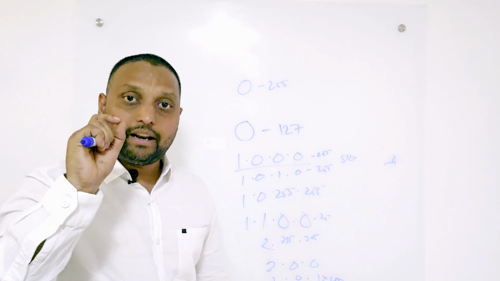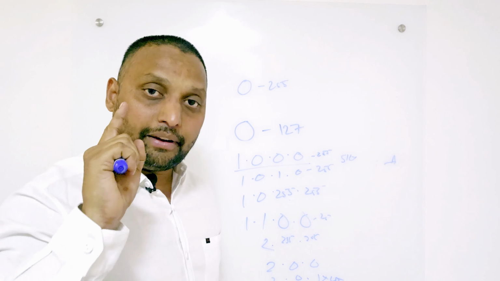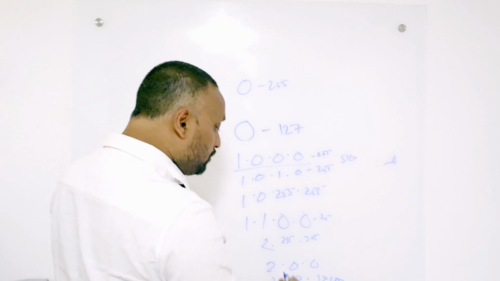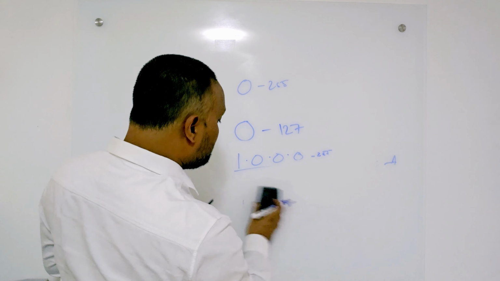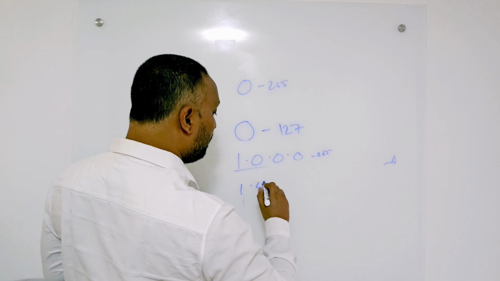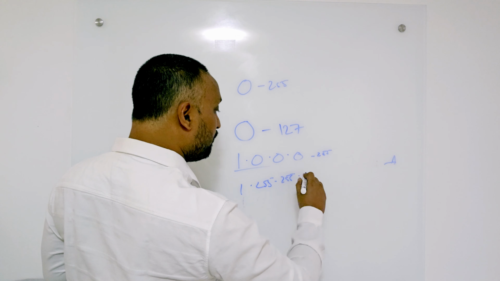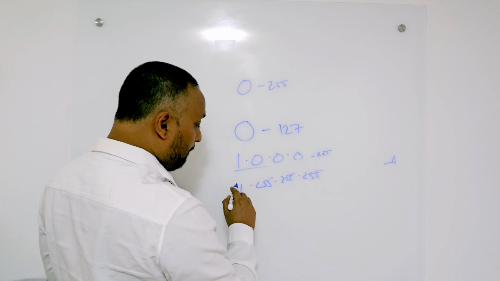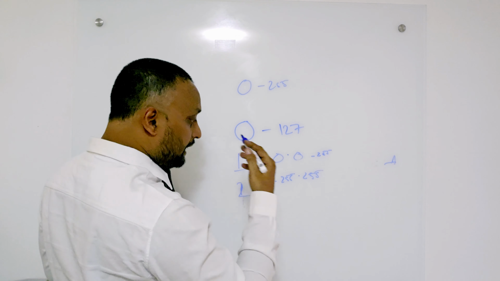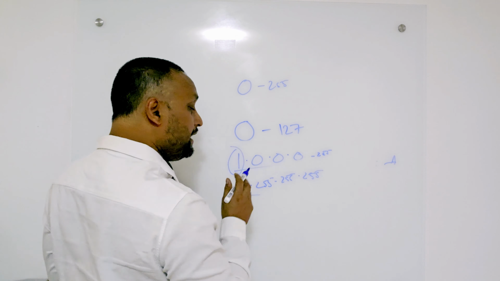So in one class we are giving so many IP addresses. After finishing all this range, we reach 1.255.255.255, then this will become 2. That means the network ID is changing.